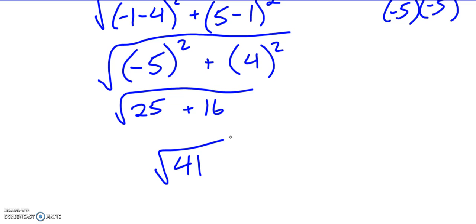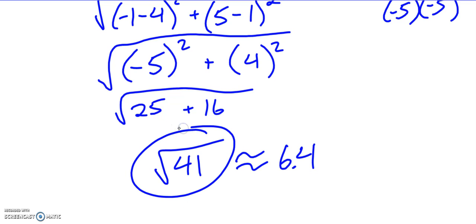Square root that, it's about 6.4 units. Okay, so it depends on what answer they're looking for. They will let you know which one to give. Pretty much everyone that we look at, or at least for the most part, will be looking for that simplified radical. And square root of 41 will not break down any further. So that is how we use the distance formula.